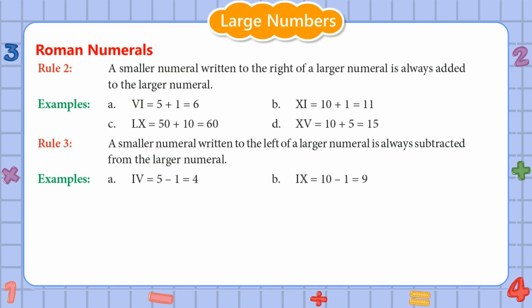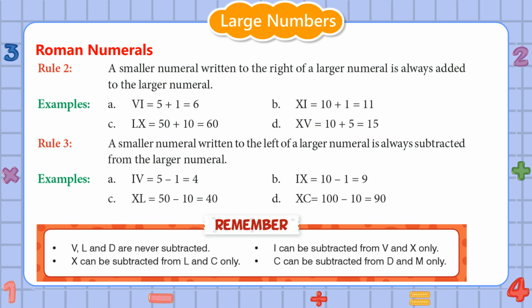B. IX is equal to 10 minus 1 is equal to 9. C. XL is equal to 50 minus 10 is equal to 40. D. XC is equal to 100 minus 10 is equal to 90.